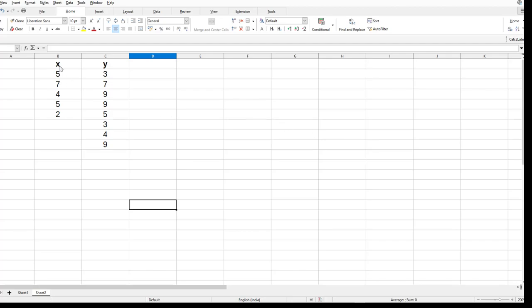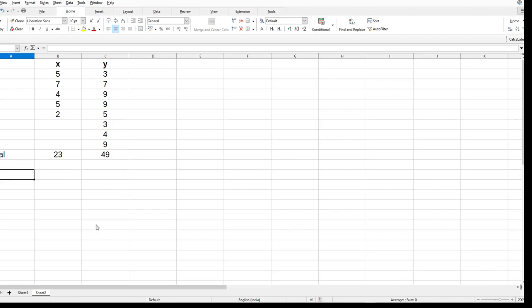So these are the values. We have x and we have y. We have 5 items in x, we have 8 items in y, right? So first thing we will have to calculate x bar and y bar, right? So to calculate x bar and y bar, you need total, right? So total will be equal to this is 23 and the total of y is 49, right?